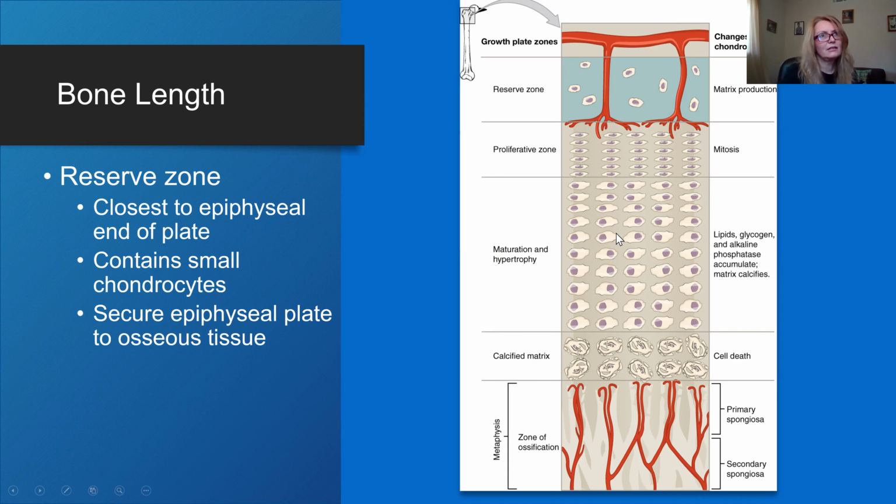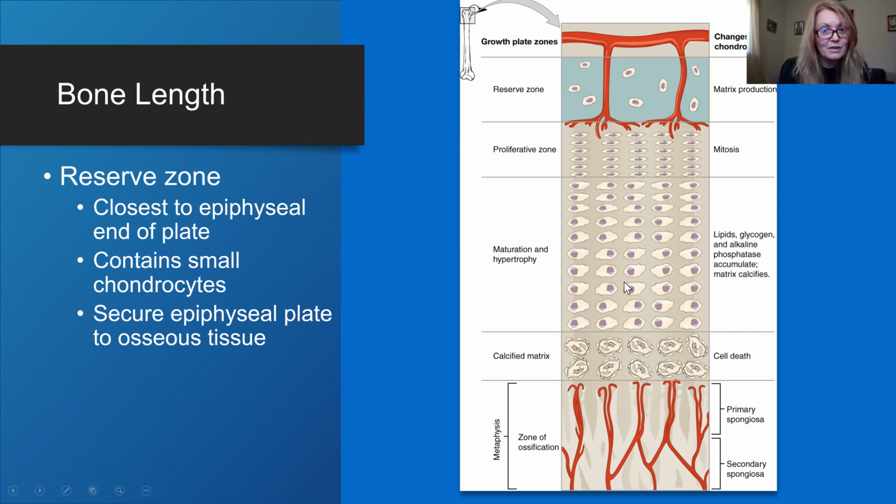Think about these chondrocytes. They live perfectly here in the reserve zone. Then they start dividing. You were thinking, you divide, you grow bigger, right? For what? Well, just to die. So they divide in the proliferative zone.